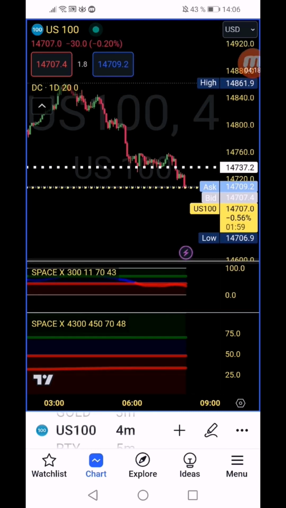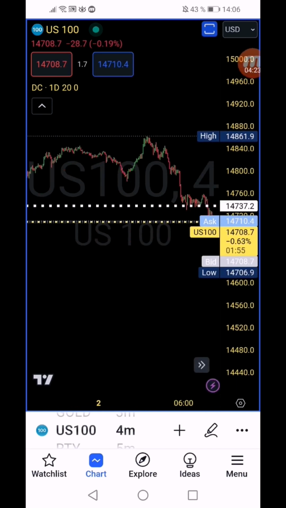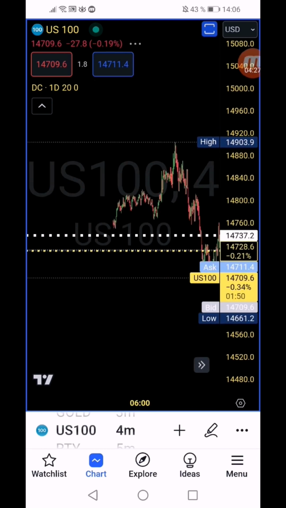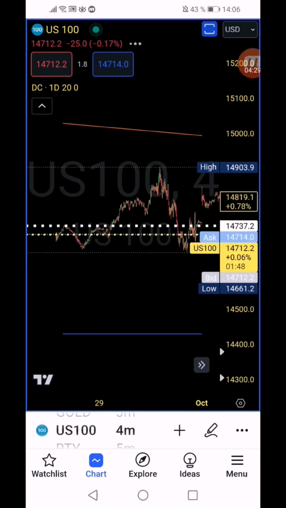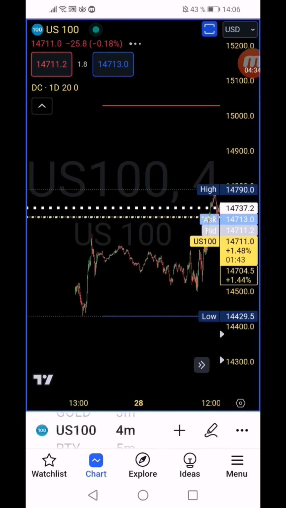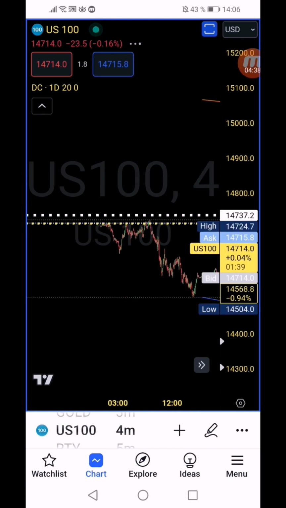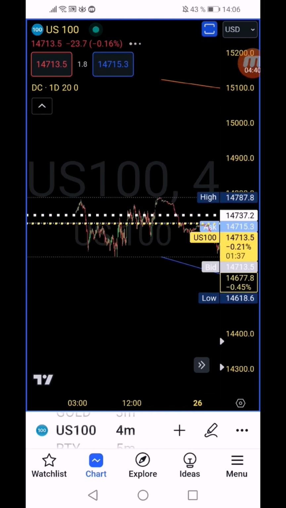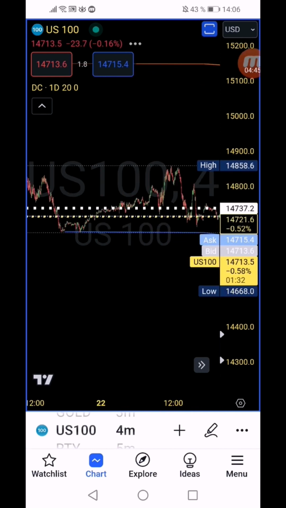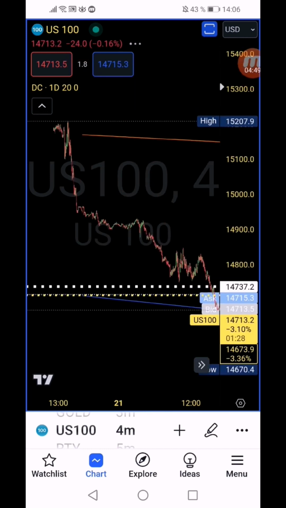So now if we go on the trend, we see here on the 4-minute chart, I will make it a little bit accurate. So you see that the market is coming from the upside, right? From here, from 15,300, right?